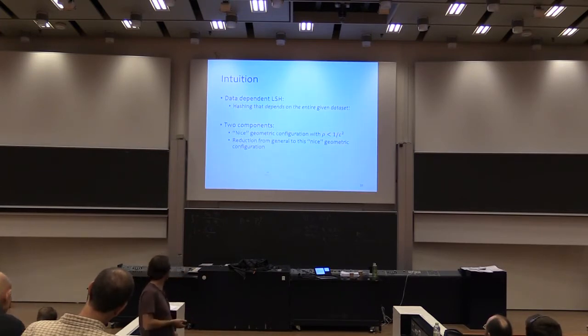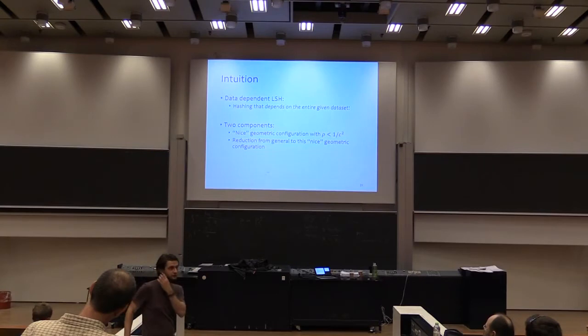Okay, so basically the algorithm will consist of 2 steps. One is to identify what are the structures of the points that are useful for us, that will allow us a better hashing procedure, a better space partition.